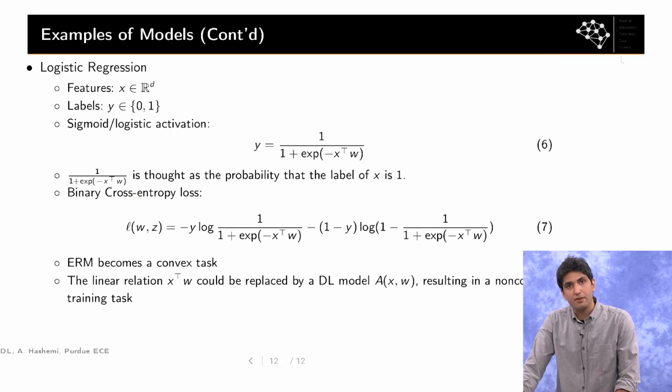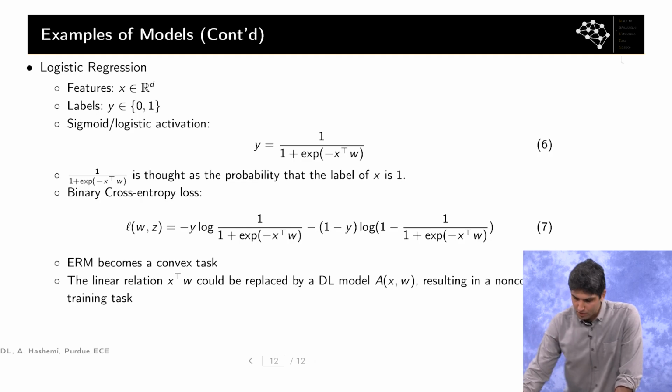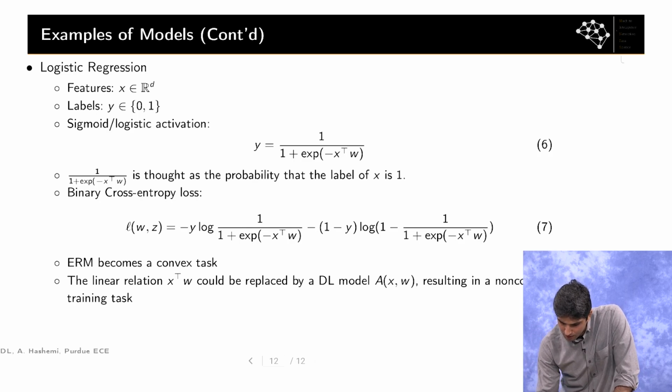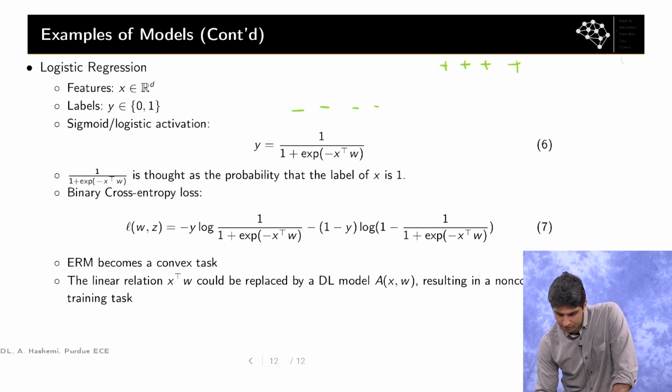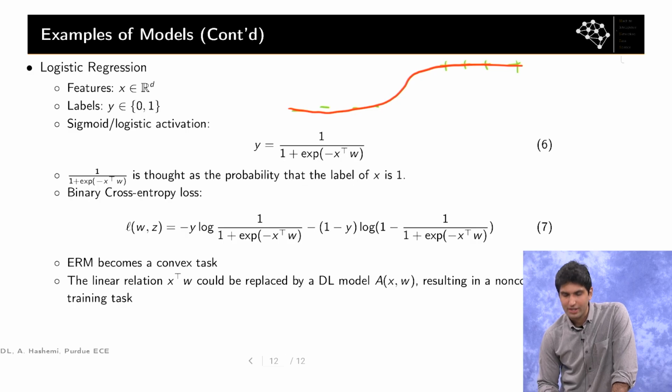All right, the third example is also a classification example, but for historical reasons, it's called regression. Okay, but in fact, what we are doing is performing binary classification. And that's the problem of logistic regression. Okay, so in particular, what we are assuming is that, let's say we have, again, a positive class, and then a negative class here, such that I can use an S-shaped model, if you will, to classify them.